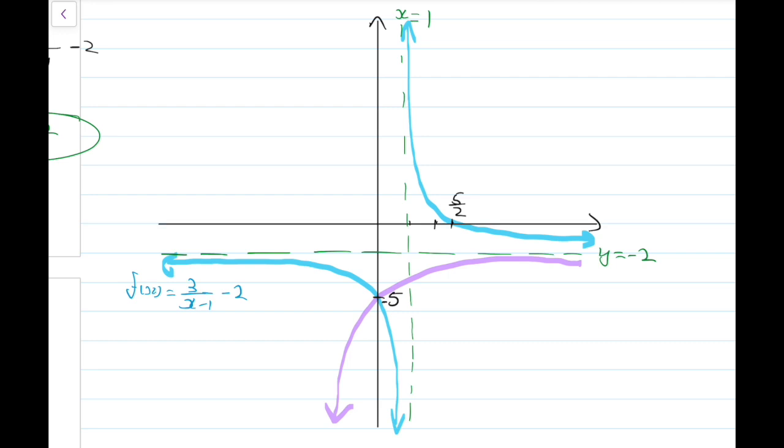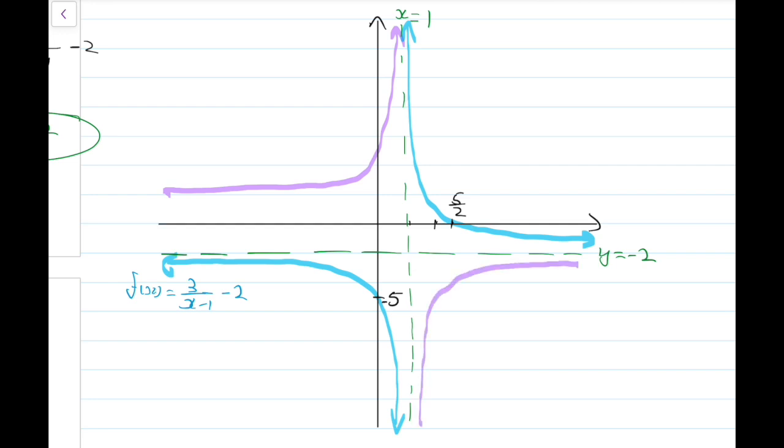We're going to reflect about the x-axis, so it's going to look like this. This portion is going to look like this on the other side, coming all the way from the top there. That's what the reflection is going to look like.